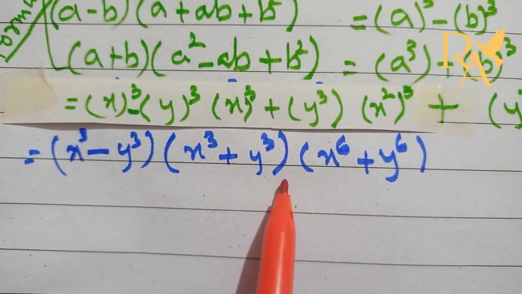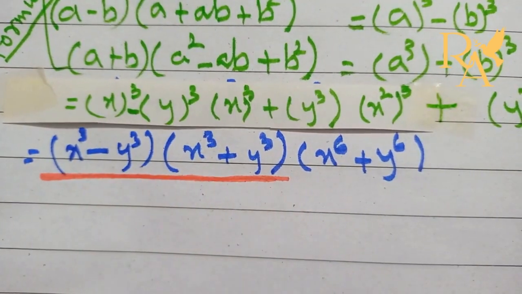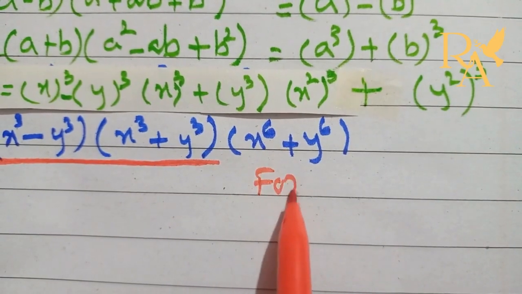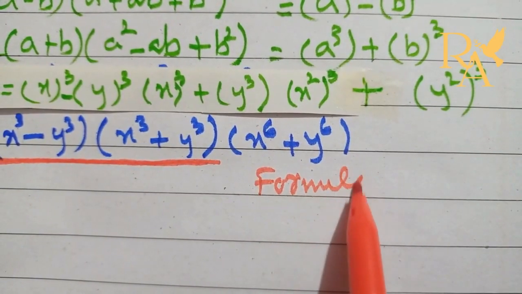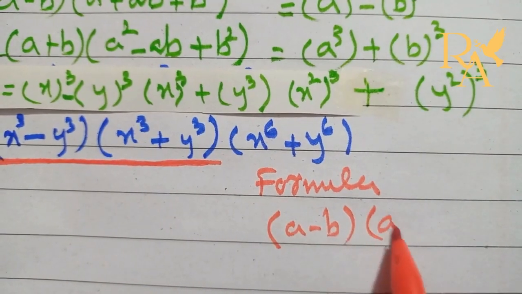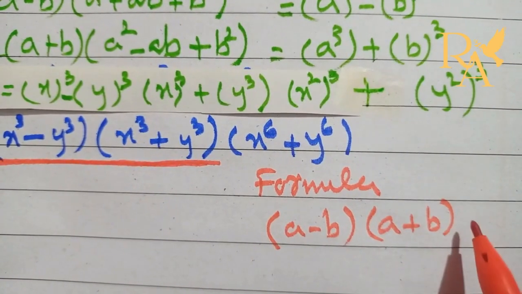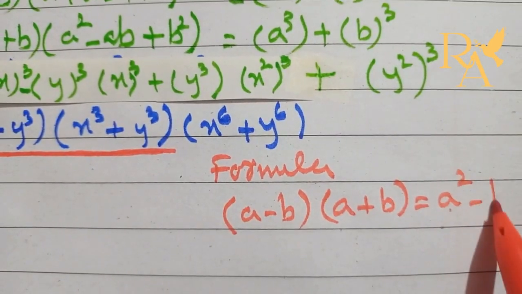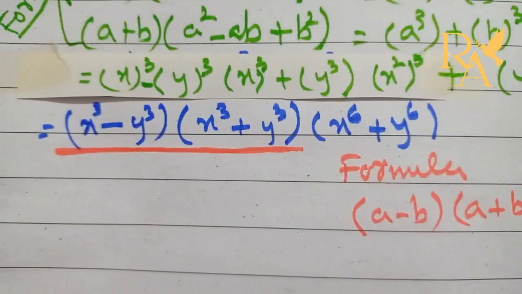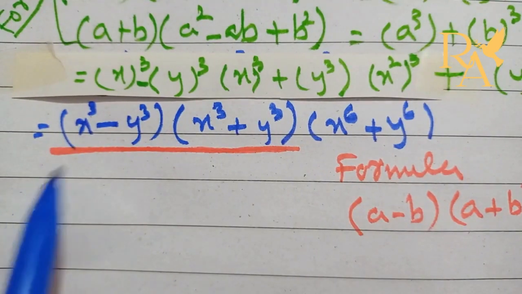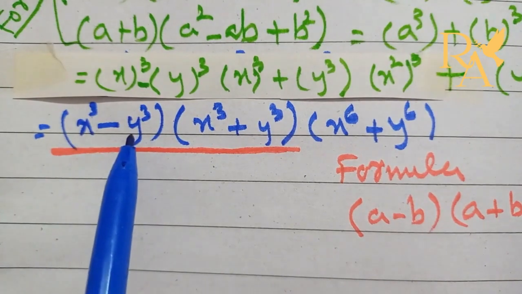Now for solving this section of the equation, we are using the formula a minus b and a plus b is equal to a square minus b square. So here the value of a is x cube, the value of b is y cube.